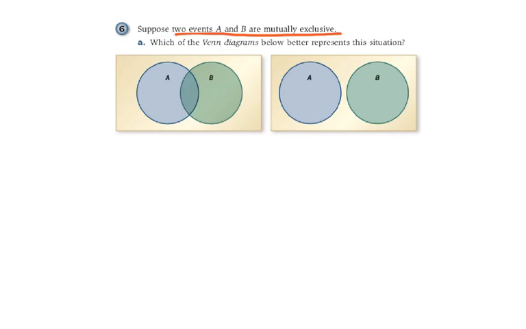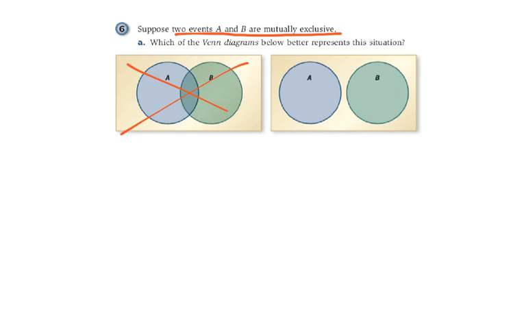Some of you might have already jumped right to that and said, oh, I know exactly which of these Venn diagrams represents two mutually exclusive events. In this case, we definitely would not like the first one, because that overlap represents that event A and event B are happening together at the same time, the same outcome. And that's not what mutually exclusive means.